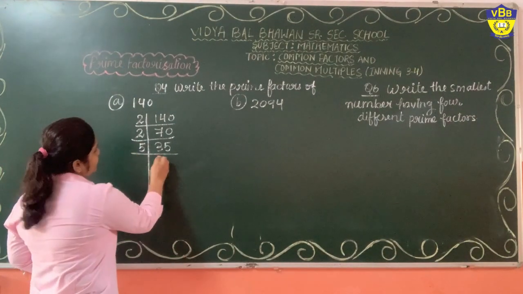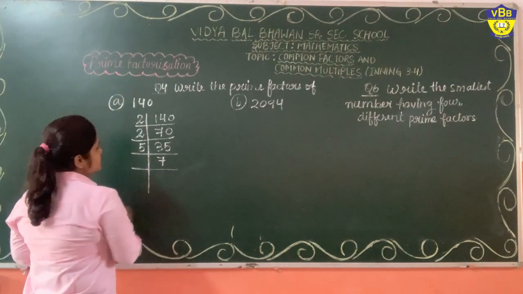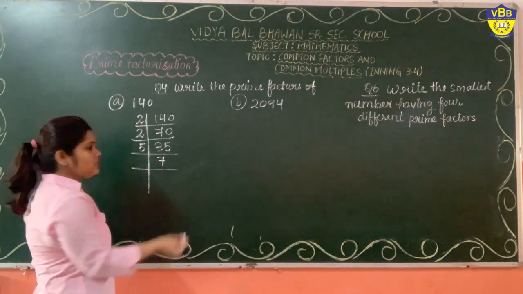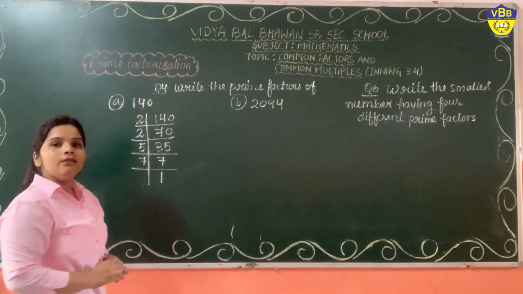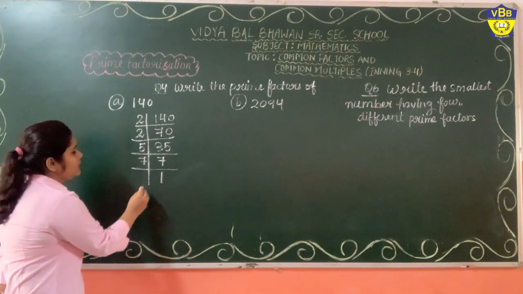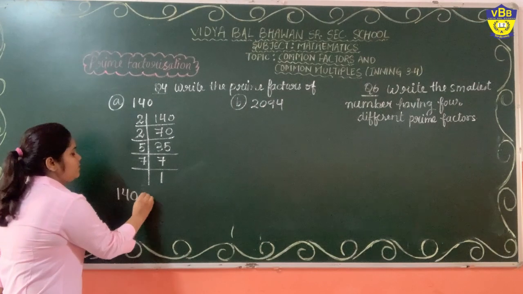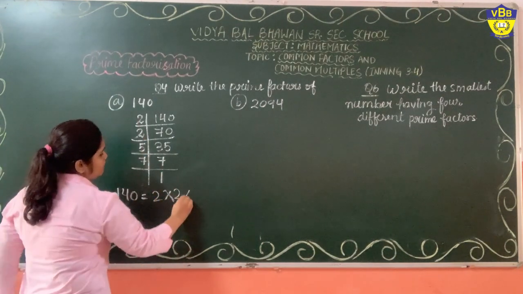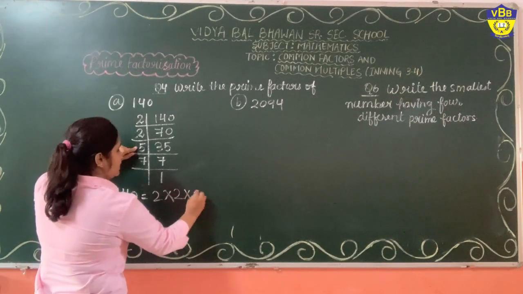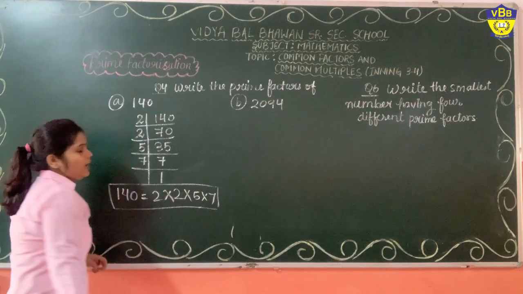After that, 7 will be divisible by 7 only. It is a prime number. And we get 1 at the end. So the prime factors of 140 will be 2 multiply 2 multiply 5 multiply 7. This is the answer.